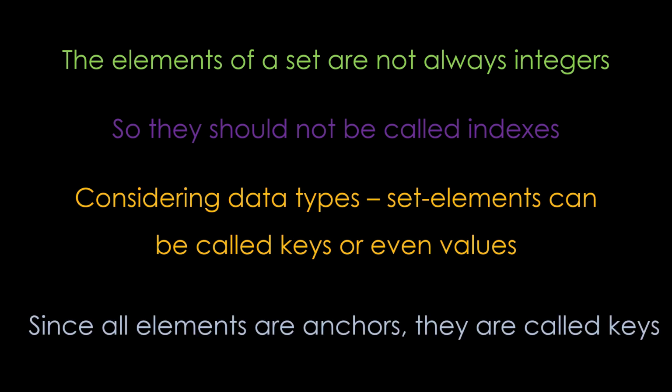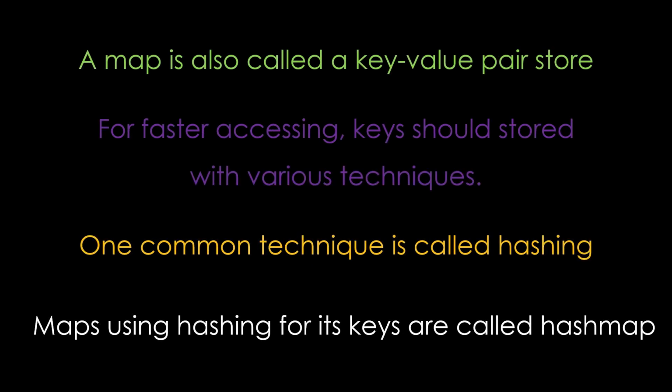Also, we should note that as far as the data types are considered, there is almost no difference between a key and a value. So the elements of a set can be considered as keys as much as the values of a map. Well, the catch is the difference in the usage. For example, when we consider a set of cities, then the cities are the anchoring items.